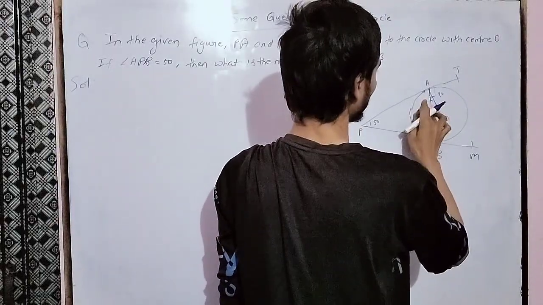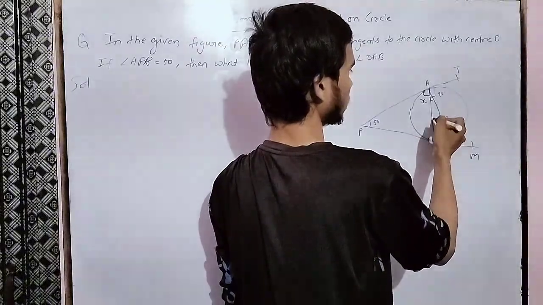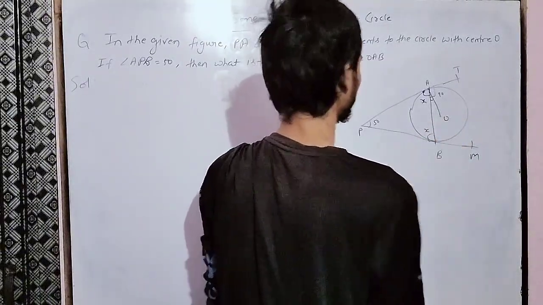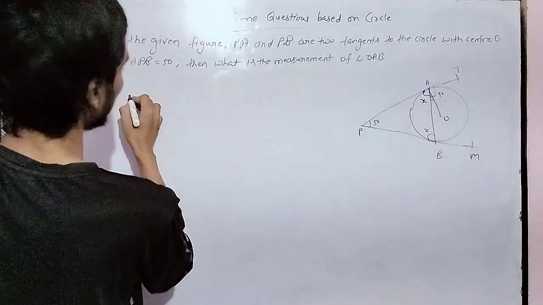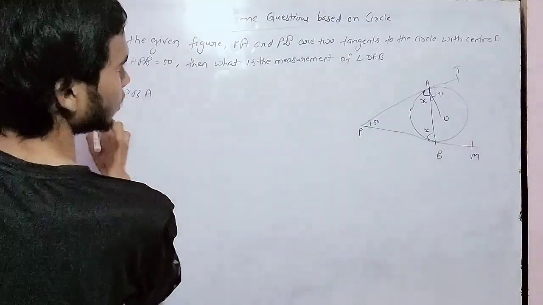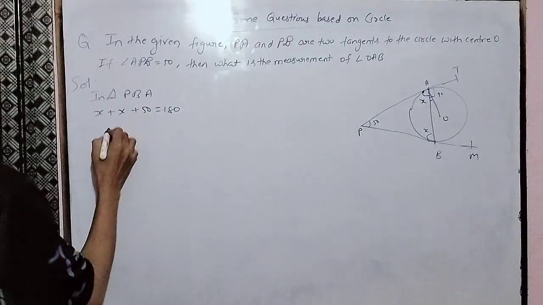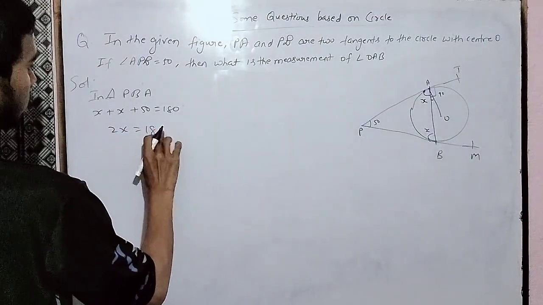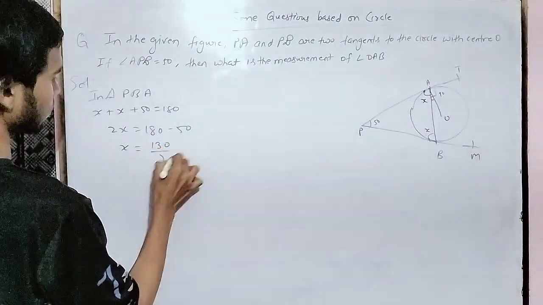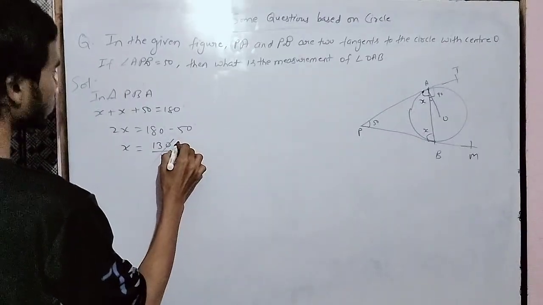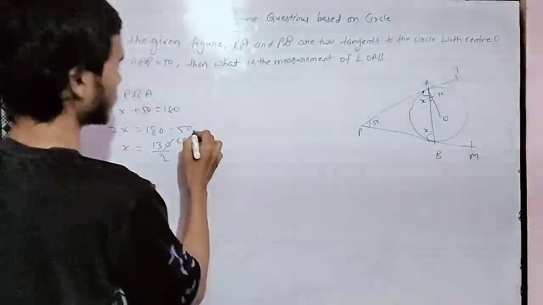We don't know how much this is, say x, because this is not passing through the center. This is x. We have a triangle. In triangle PBA, x plus x plus 50 is 180. So 2x is 180 minus 50, so x is 130 upon 2, which is 65.